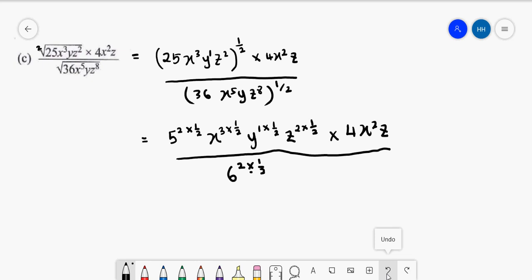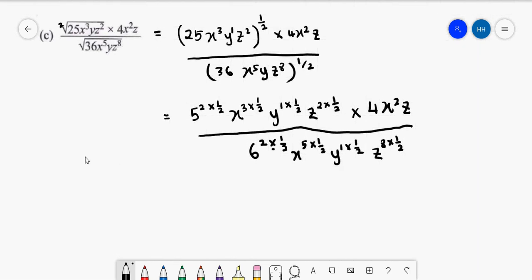And then we have x to the power 5 also times 1 over 2, y to the power 1 times 1 over 2, z to the power of 8 times 1 over 2. Please write carefully because there are too many fractions and too many numbers there, so don't make careless mistakes.